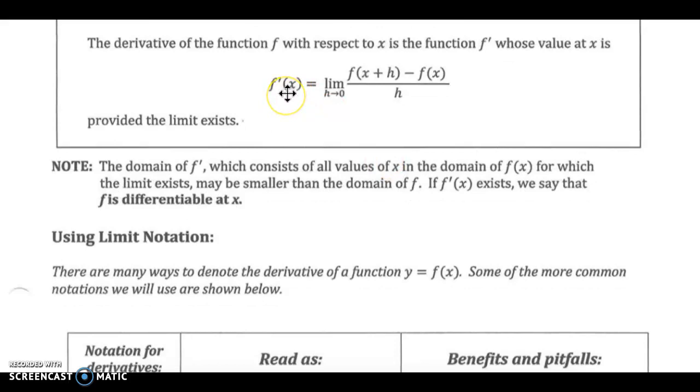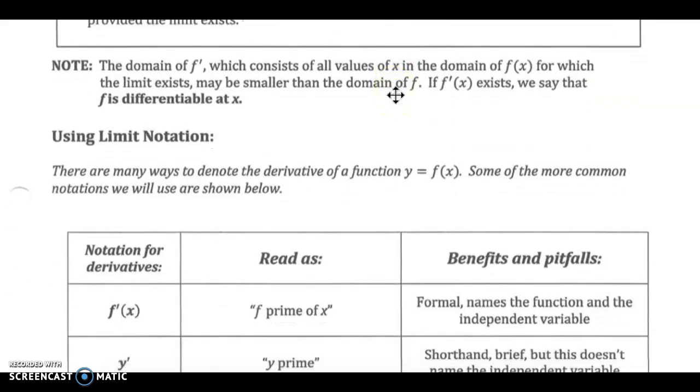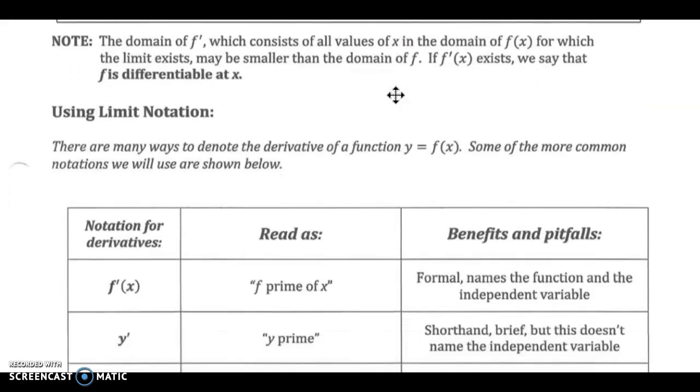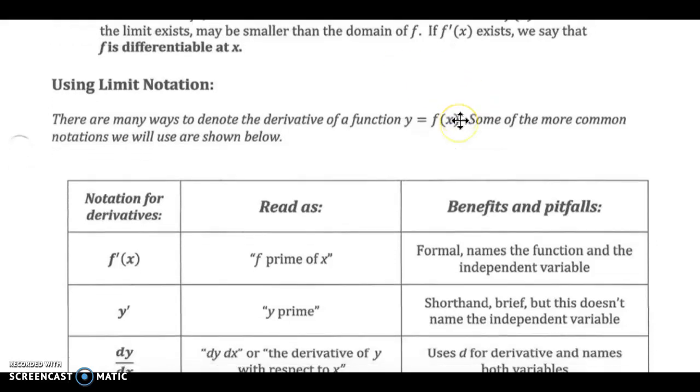So the derivative is this limit, provided the limit exists. It gives us a note here that the domain of f prime, which consists of all values of x in the domain of f of x for which the limit exists, may be smaller than the domain of f. If f prime exists, we say that f is differentiable at x.